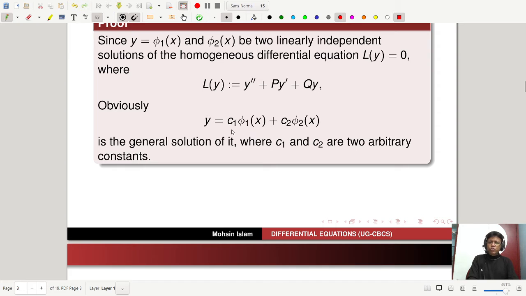Obviously, y equal to c1 phi 1(x) plus c2 phi 2(x) is the general solution of it, because it is said in the theorem that phi 1(x) and phi 2(x) are two linearly independent solutions.